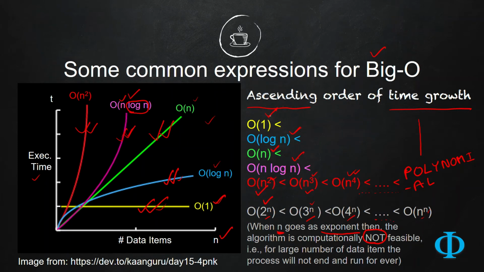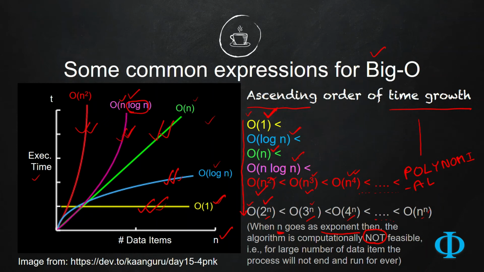Of course, the one showing no growth over the data items, that is order of 1. So given multiple algorithms for the same problem, you should select the algorithm in this order, from top to bottom. This one is the best algorithm for solving that problem, and this one is the worst algorithm to solve the problem.